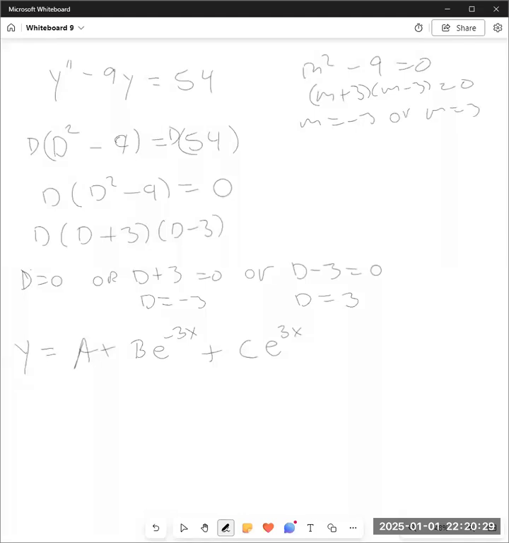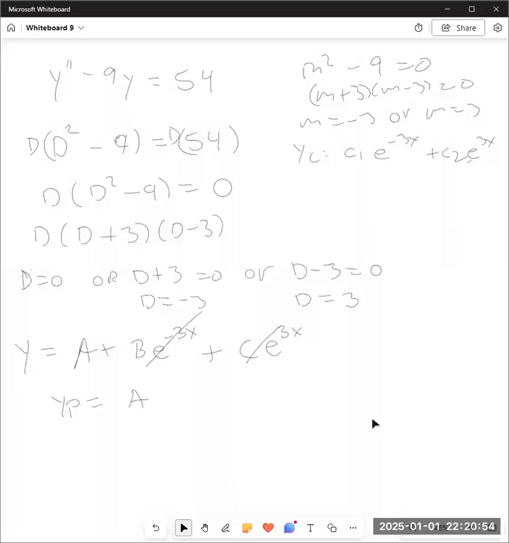So yc is c1 e to the -3x plus c2 e to the 3x. Anything that's already in yc, I'm going to eliminate from my y to make my yp, which is just going to be a constant a. That would have been what we would have guessed here anyways.